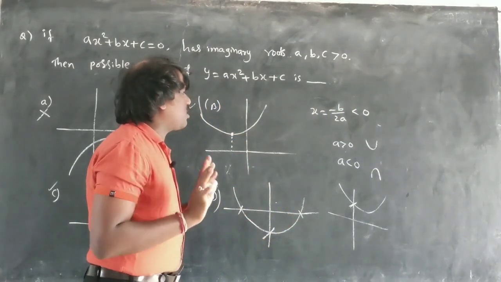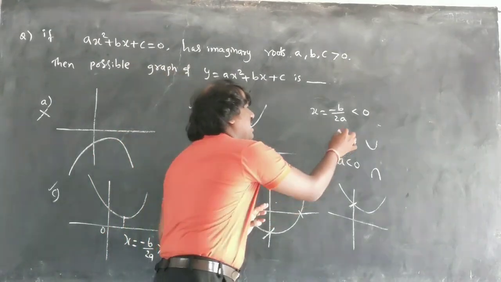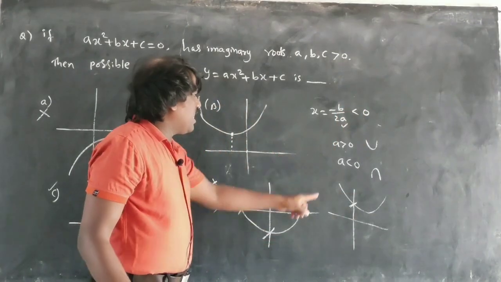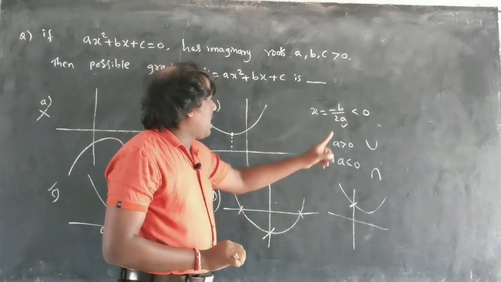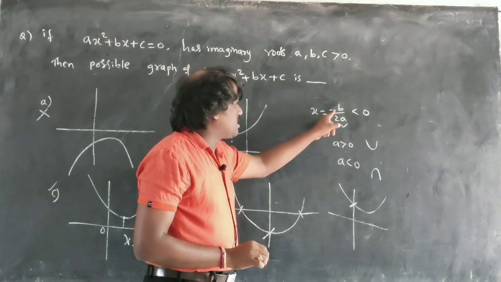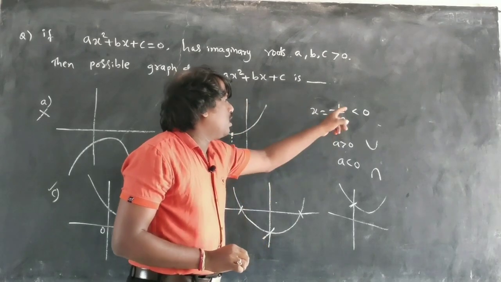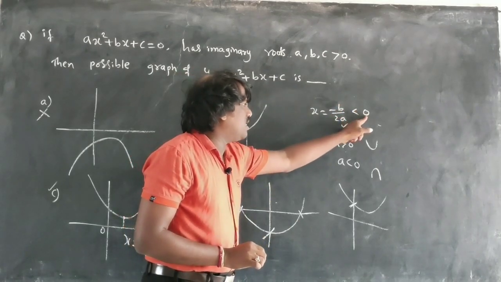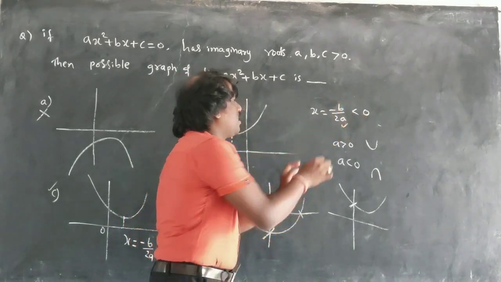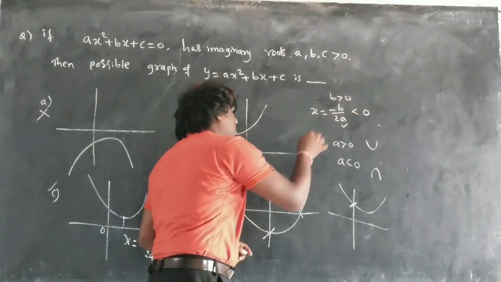Now in this case, A is greater than 0 already. And there is a minus, so to get negative here, what should B be? B must be greater than 0.